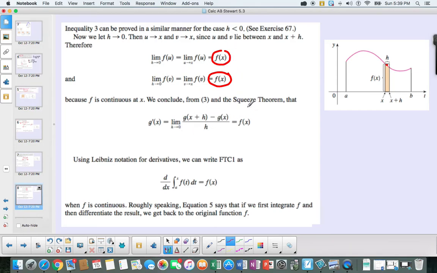This limit is going to approach f of x because it got squeezed. And remember what this represents. It represents the derivative. So what we've proved is when you take the derivative of the area accumulator, you get f of x, which is the curve. This is the fundamental theorem of calculus, part 1. When you take the derivative of the area accumulator, you get the function back.